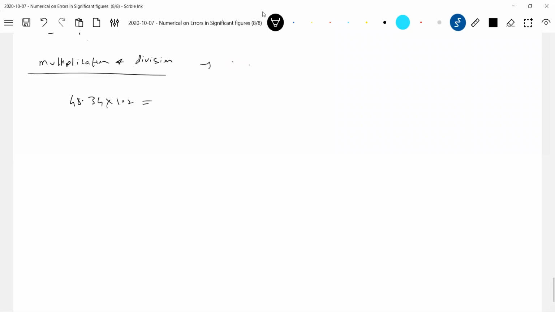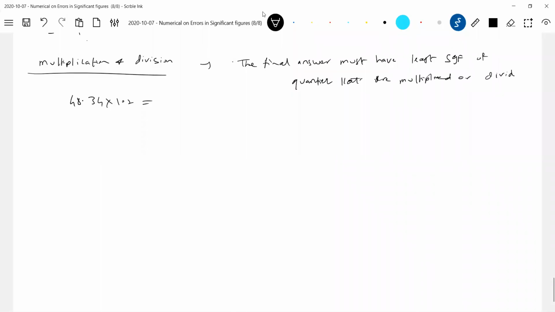The final answer must have the least significant figures of the quantities that are multiplied or divided. Okay, 48.34, I'm going to multiply with 1.2.